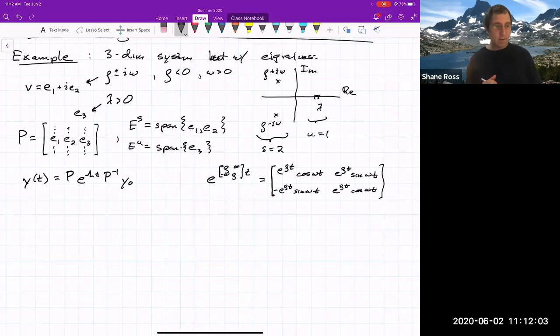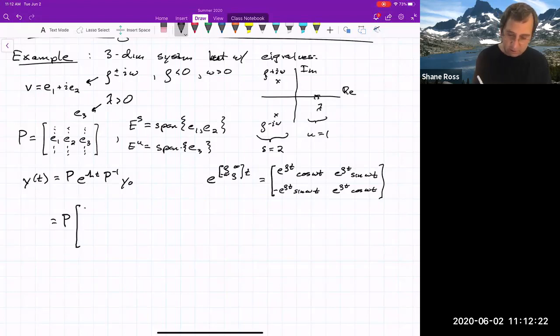So in the eigenbasis, we'll have this 2x2 block in the exponential. So P, and then e to the capital lambda t will give rise to a 2x2 block.